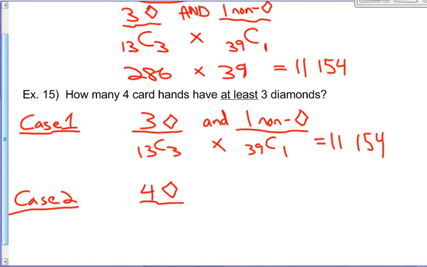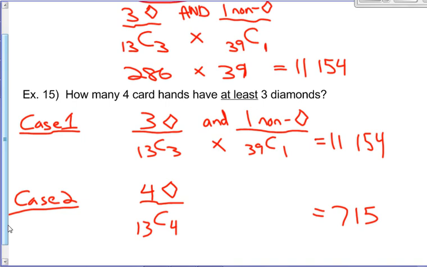Okay. And there would be 0 non-diamonds, so I don't even need to write it out. How many ways can I choose 4 diamonds? Well, 13C4. And it turns out that that is 715. And the question is, what do I do with these numbers? Well, let's think back to it.